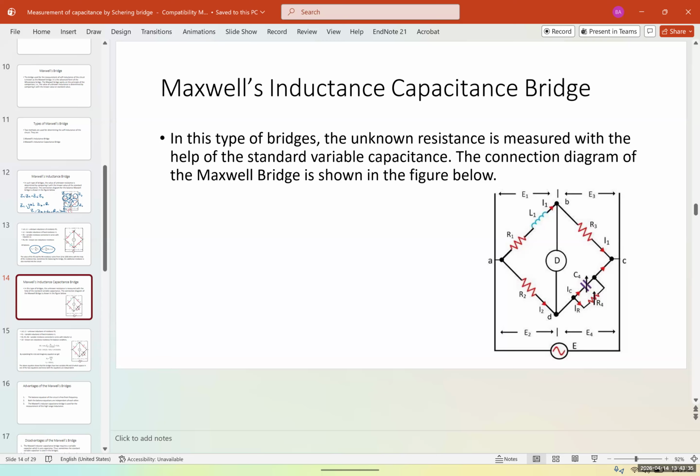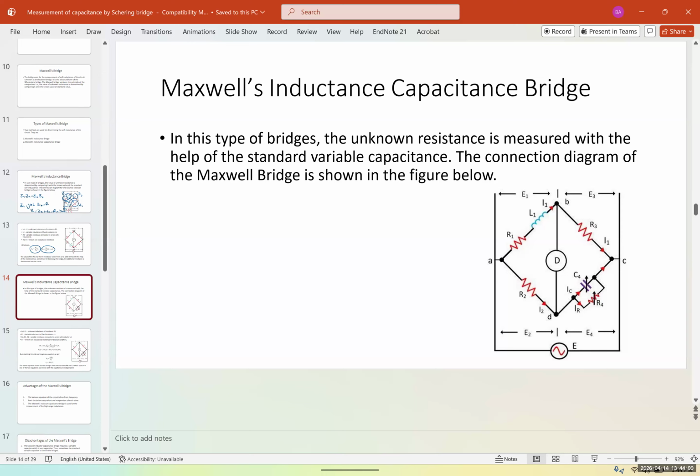The connection diagram of the Maxwell bridge is shown in the figure below. The Maxwell inductance capacitance bridge is very similar to the Schering bridge, but the Schering bridge doesn't have an inductor. It just has R1. This one has an inductor. So keep in mind, if you see an inductor, it's a Maxwell bridge. Schering bridge only has resistance and capacitance.